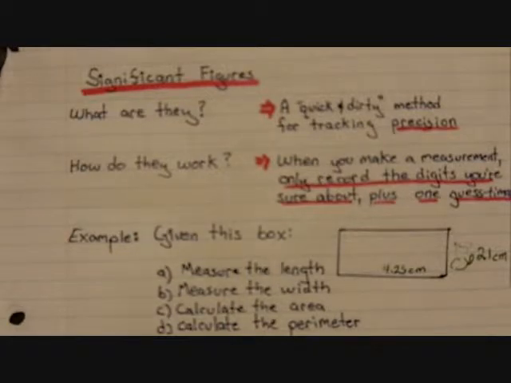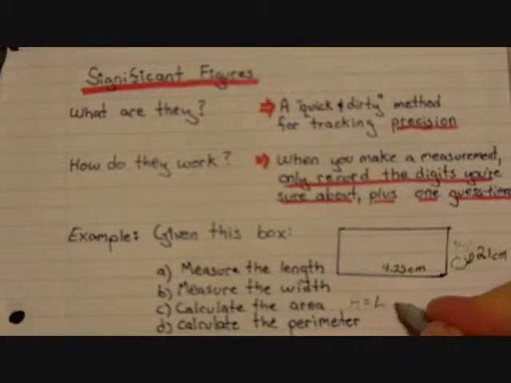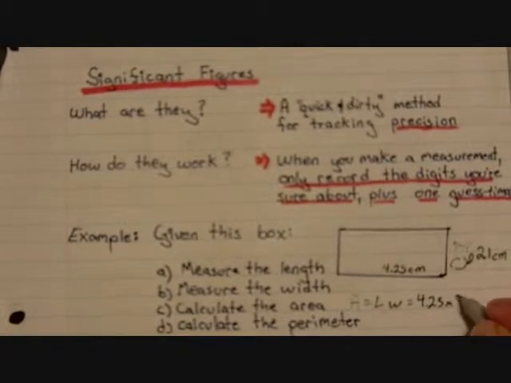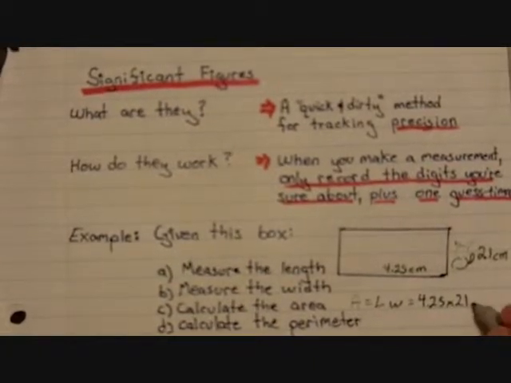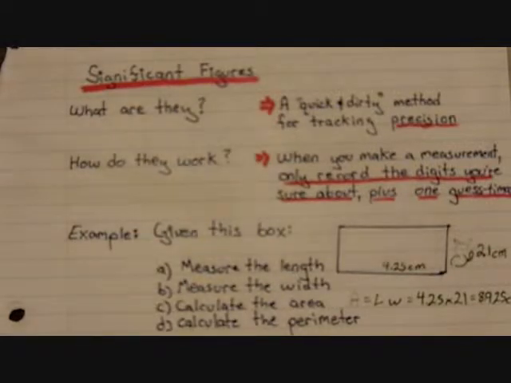Let's say that we now want to perform a calculation on this. For example, we want to find the area of this box. Well, that involves the length and the width. We all know that area is length times width. So 4.25 times 2.1, figure that out, that should be 8.925 centimeters squared.